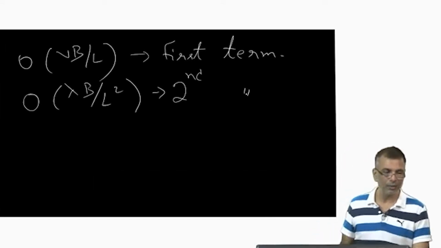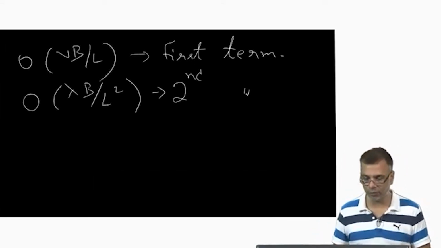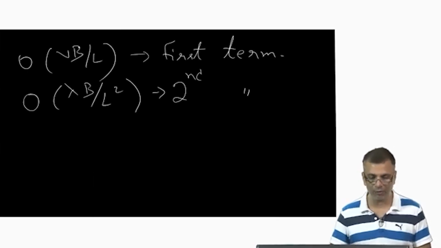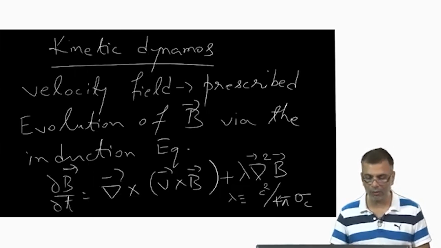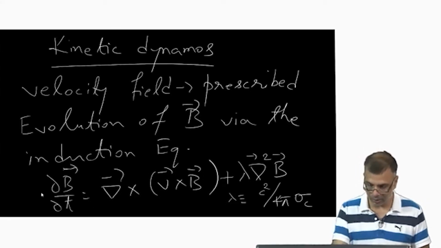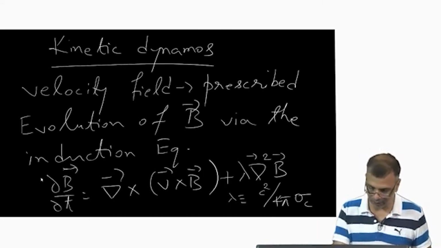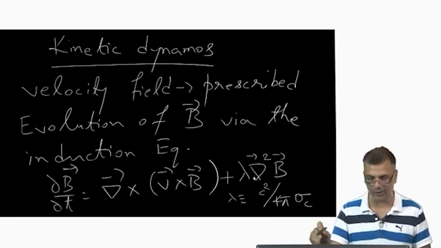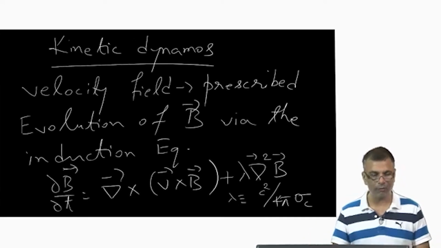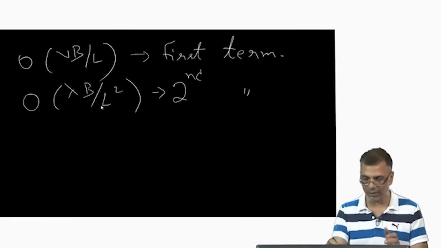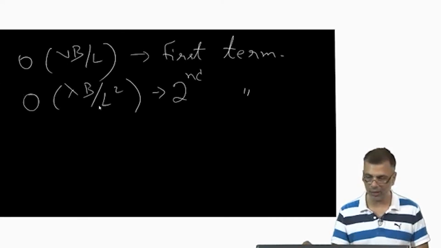Now, it turns out that if you calculate the time scale of decay by considering only this term and this term, with this term not being there, this gives you the time scale of decay. You can figure that out only from the length scale and the conductivity.